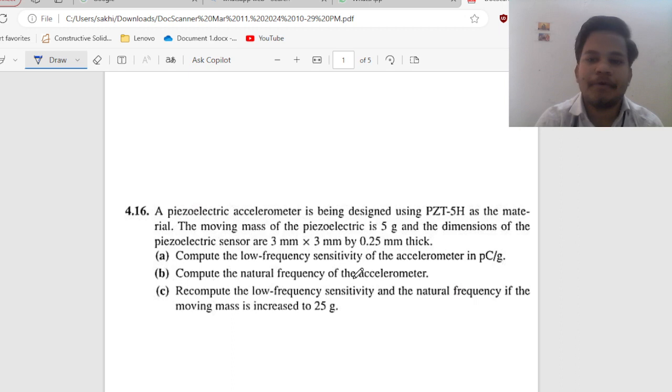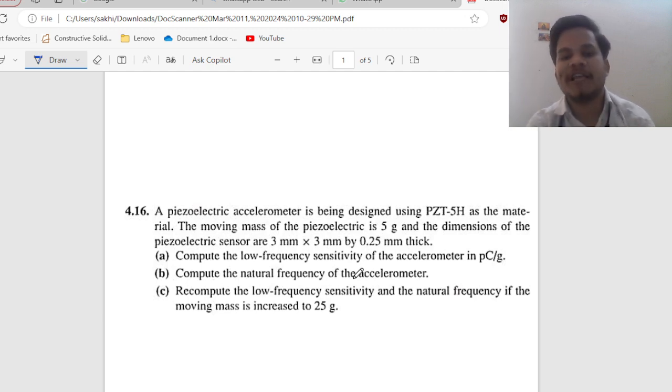We have to compute the sensitivity, meaning how much charge or electric displacement can be generated by unit acceleration, Q by A. Try to understand that sensitivity means how much charge can be generated by unit acceleration.